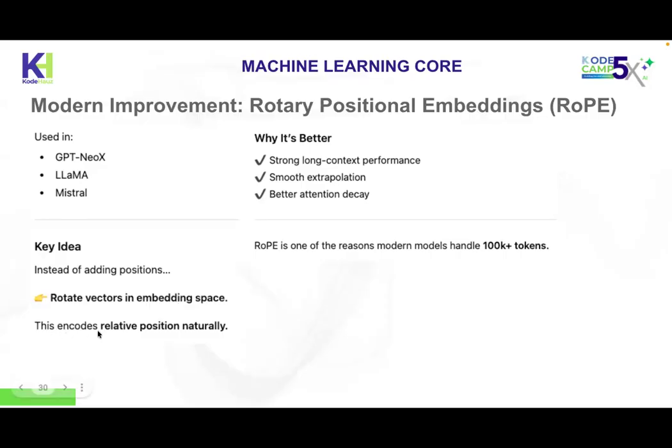So what this does is include the relative position of the embeddings more naturally, okay. It's better because it has a strong long context performance. There's smooth extrapolation and there's a better attention decay. So RoPE is one of the reasons why modern LLMs and models can handle 100,000 plus tokens, right?